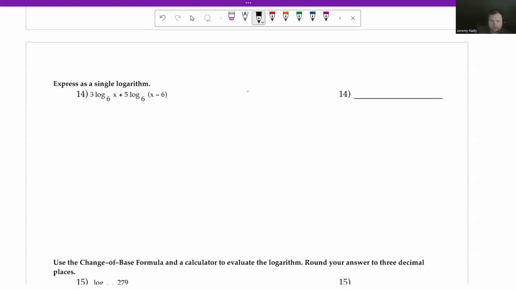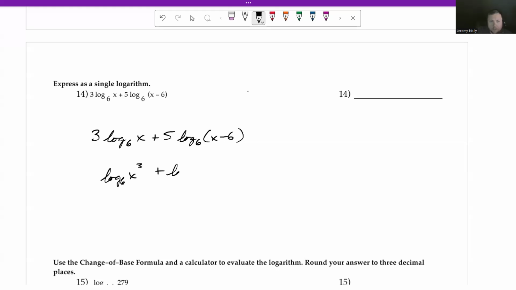Express as a single logarithm. So I have 3 log base 6 of x plus 5 log base 6 of x minus 6. So first thing is to get all of my coefficients turned into exponents. Ooh, forgot my base 6.